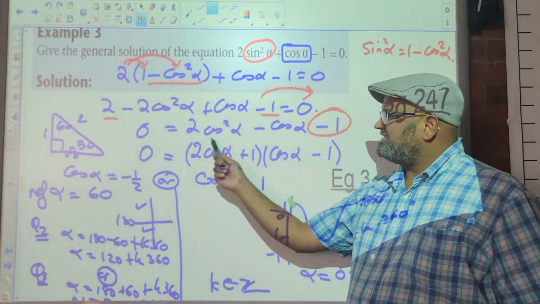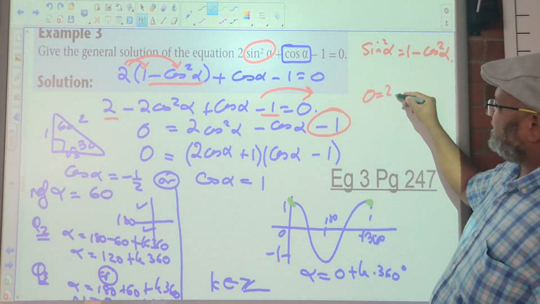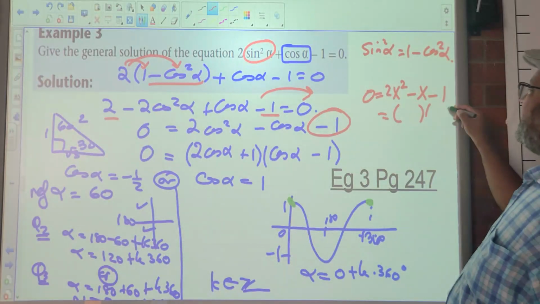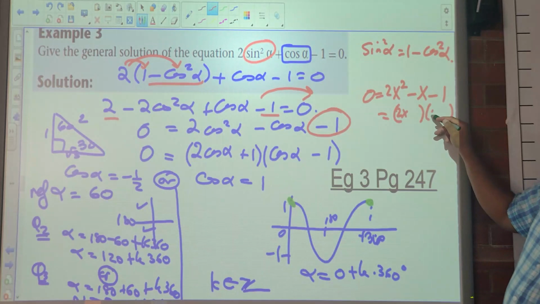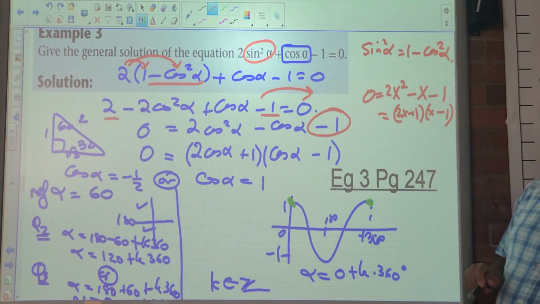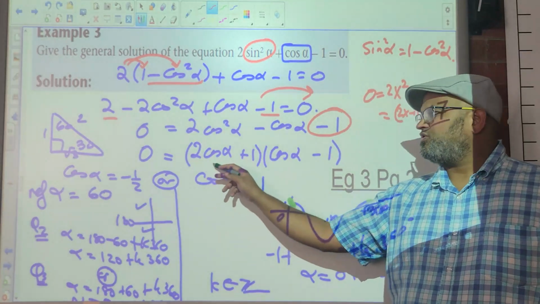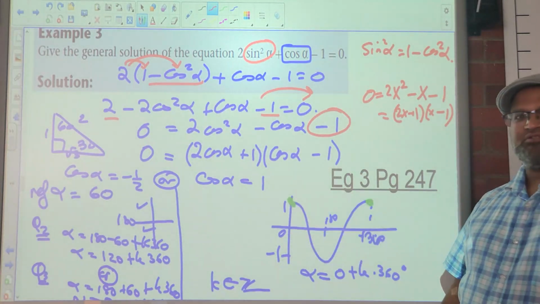What you now see here is a trinomial in the form of 0 is equal to 2x squared minus x minus 1, which now I can factorize into 2x and x, 1 and 1, minus plus. And wherever I saw x, I put a cos alpha. So it's 2 cos alpha plus 1 and cos alpha minus 1. And then I just did my general solution.